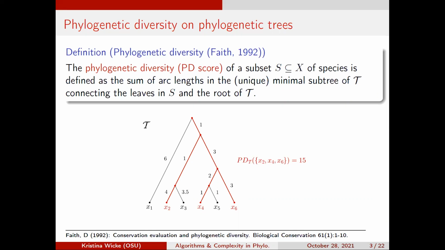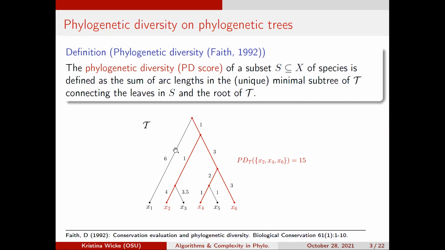And given such a tree, the phylogenetic diversity score of a subset S of the species is simply defined as the sum of branch length in the subtree of T that connects the leaves in S and the root of T. So in this example, if we're going to calculate a diversity score of X2, X4, X6, then we would need to consider this red subtree here induced by the leaves X2, X4, and X6 and connecting it to the root. And so in this case, we would get a value of 15.